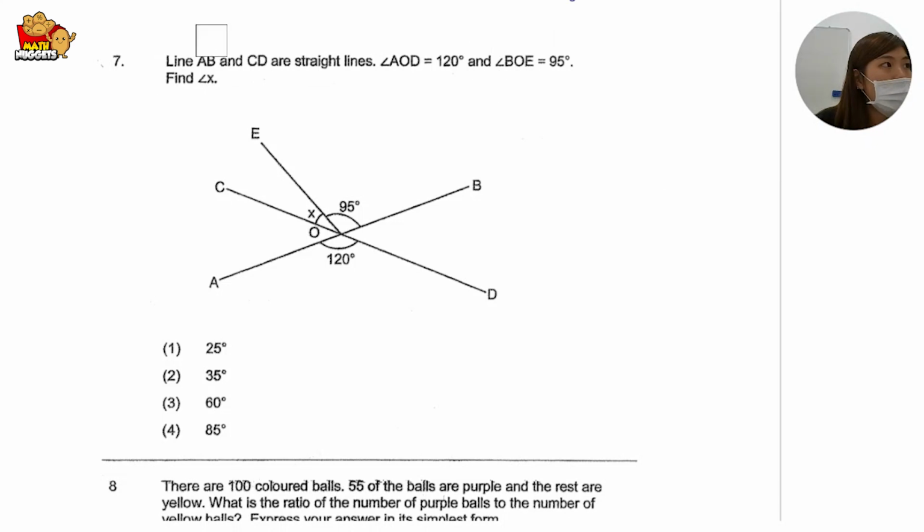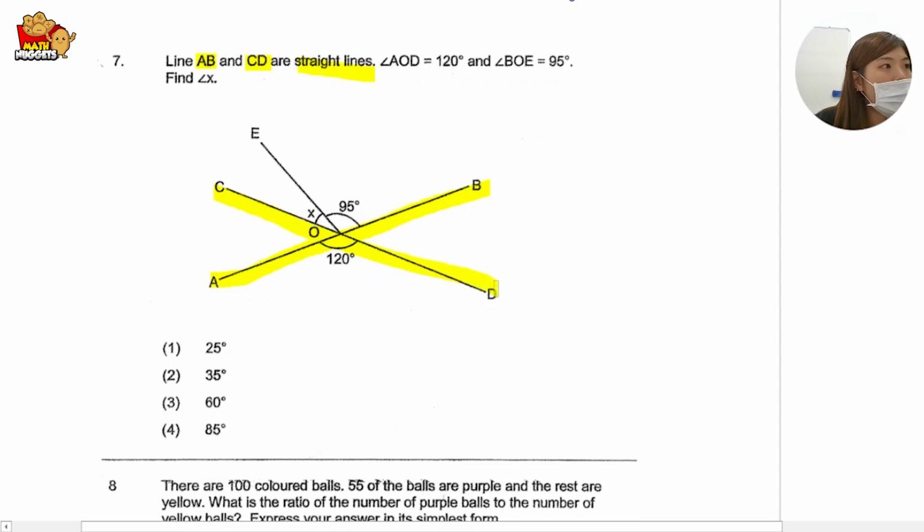These two, AB and CD, these are straight lines. And AOD is 120, BOE is 95. Find X. So X is this. So you need to find this.